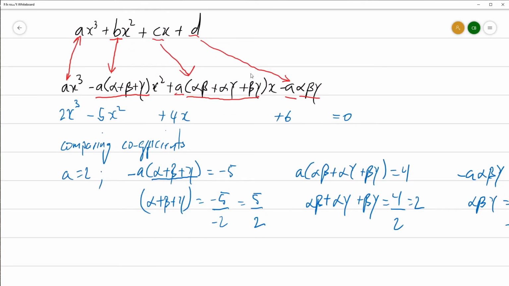So c is given by this expression, and we have to multiply by a, and we know what this is.